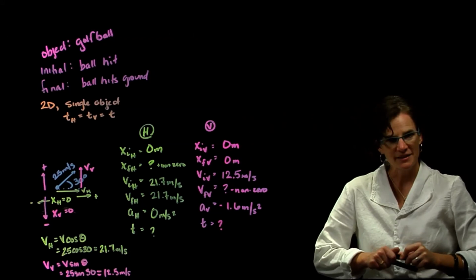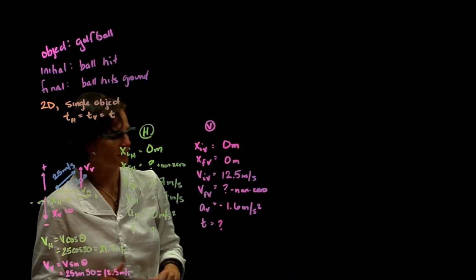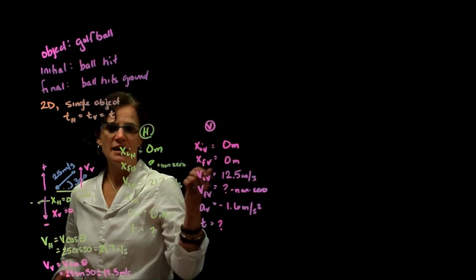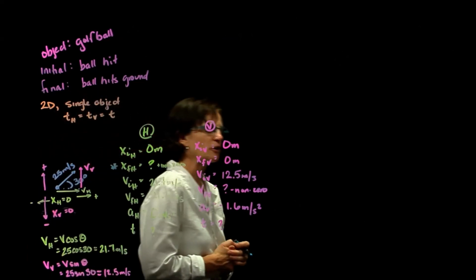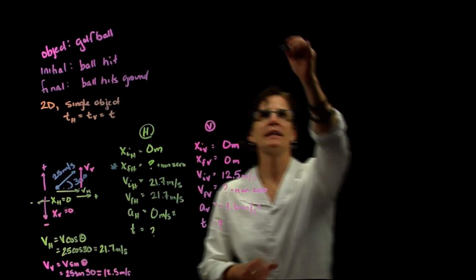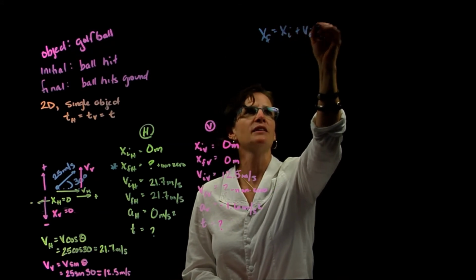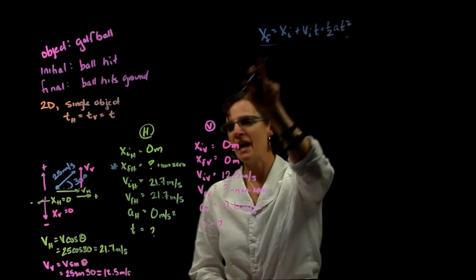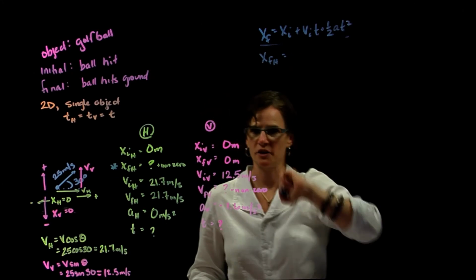So here's our list of knowns for each dimension, and now we have to decide what answers our question. It asks how far does the ball travel? Well, that's going to be information that we will get from our final position. So looking at our final position relationship that we have, x final, well, that's what we want to know. So this is really x final in the horizontal that we're interested in.